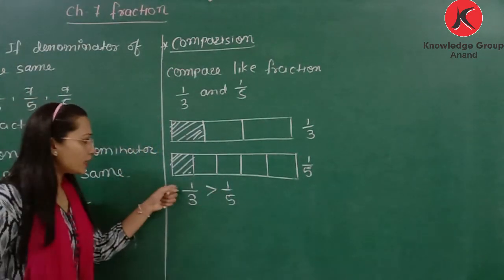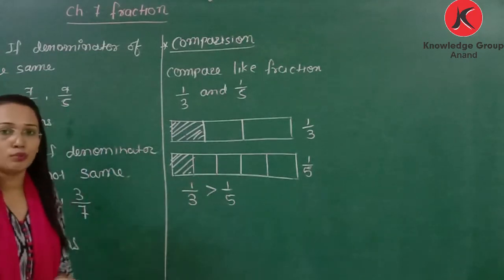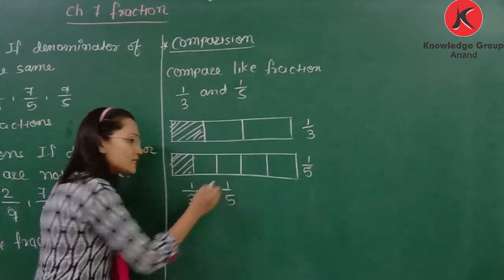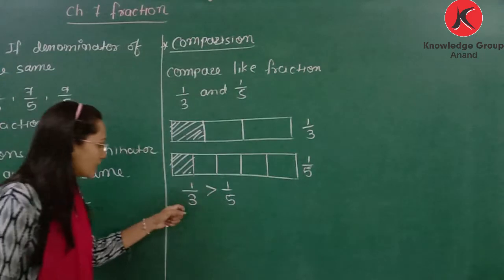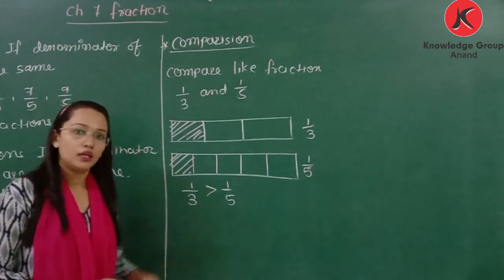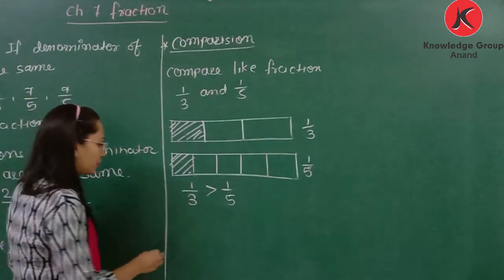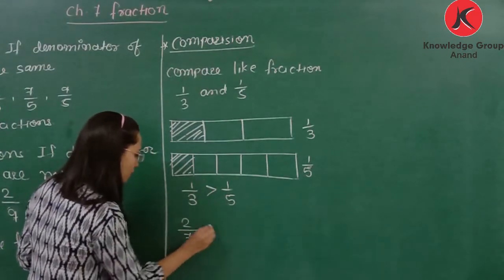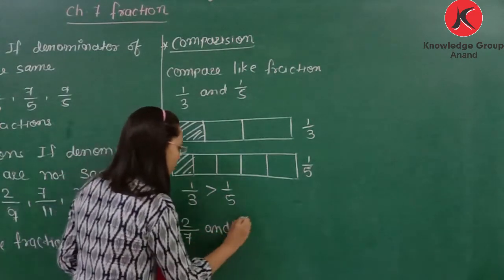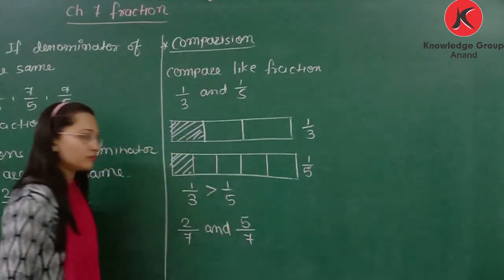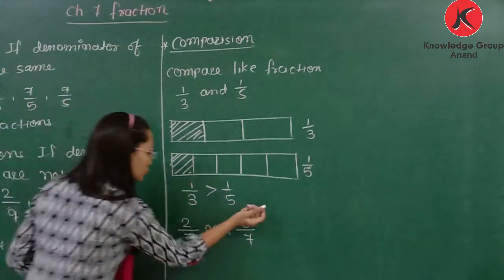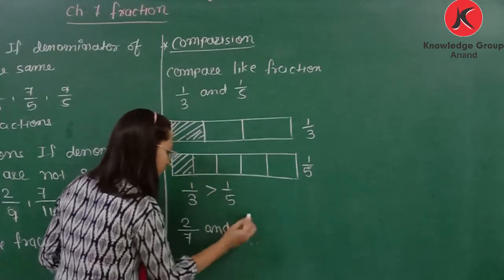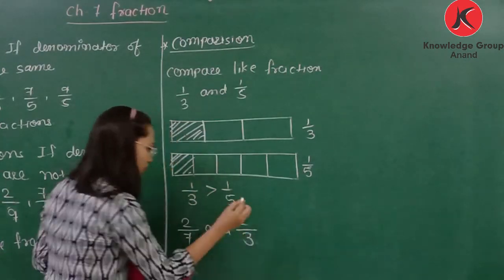Okay. So here what we need to remember is, whenever the numerator is the same, the lesser denominator becomes greater. Let's take one more example. We need to compare 2 by 7 and 2 by 3.